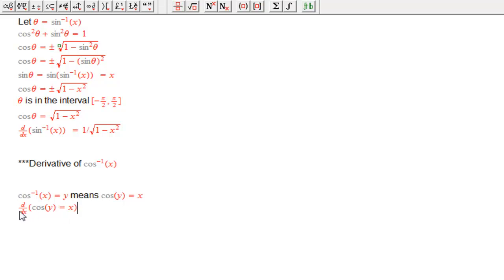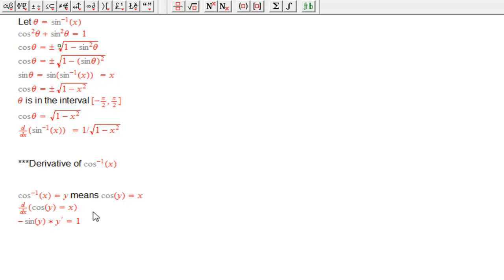Our derivative was defined for functions, not for equations, but I'm going to say that this means take the derivative of both sides of the equation. On the left side, the derivative of cosine, the outer function, is negative sine. So I have negative sine of y, leave the inside function the same, and then multiply by the derivative of the inside, which is y prime. And on the right side, we just get 1.